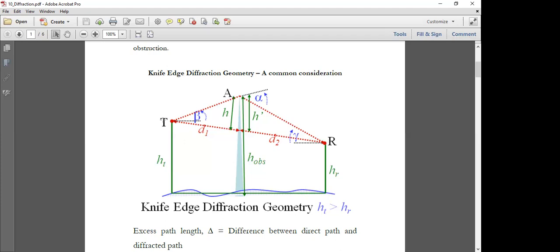So this power level calculation for the diffracted ray is calculated relative to the power via TR, over distances D1 and D2. Here D1 is the distance between the transmitter and the obstacle, and D2 is the distance between the receiver and the obstacle. The free space case gives you how much power you would get at R if you had a large hole in your obstruction, a direct ray.